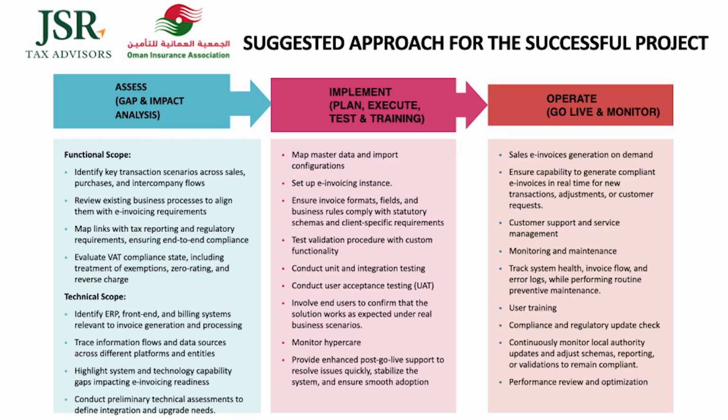Now the last part which I will be covering is what should be the approach. Mostly we have discussed during the session, but to summarize, we would suggest a 3-phased approach: assess, implement and operate. As the name itself suggests, first do a gap analysis. What is missing at present in our system or in our company or in terms of processes?